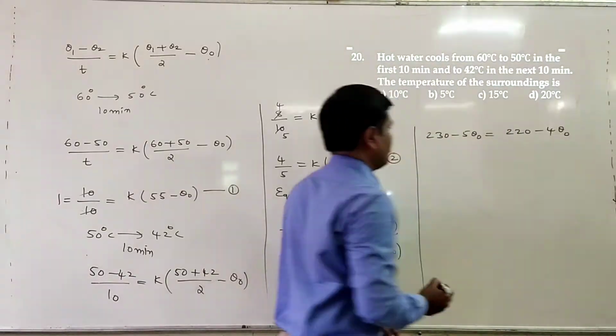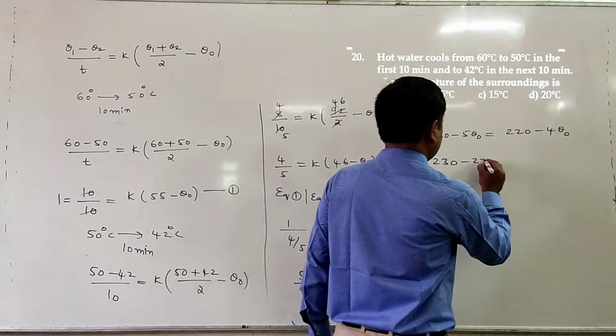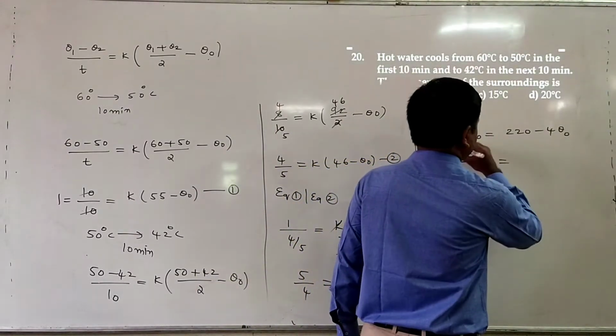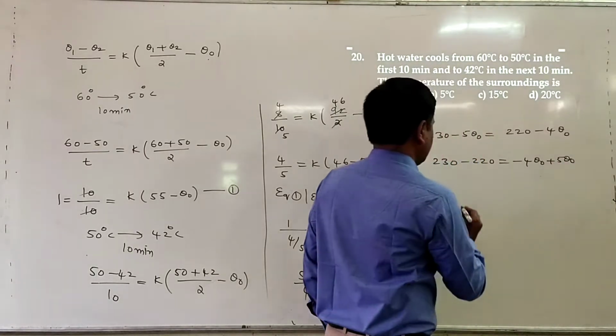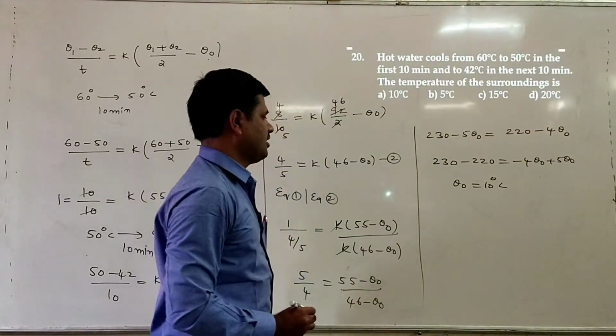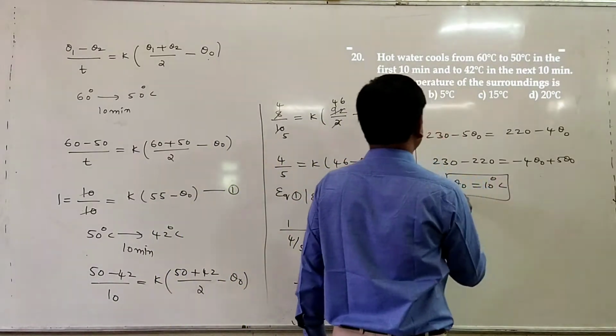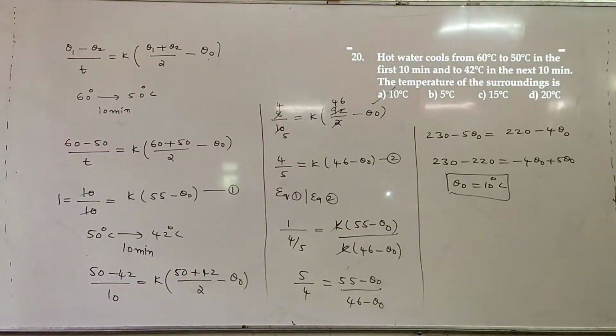Theta naught value is required here. 230 minus 220 is equal to minus 4 theta naught plus 5 theta naught. So theta naught is equal to 10 degrees centigrade, which means the temperature of the surroundings is 10 degrees centigrade. Which option is correct here? A option is correct.